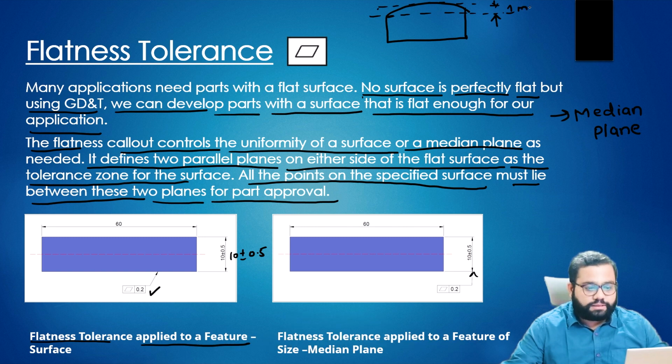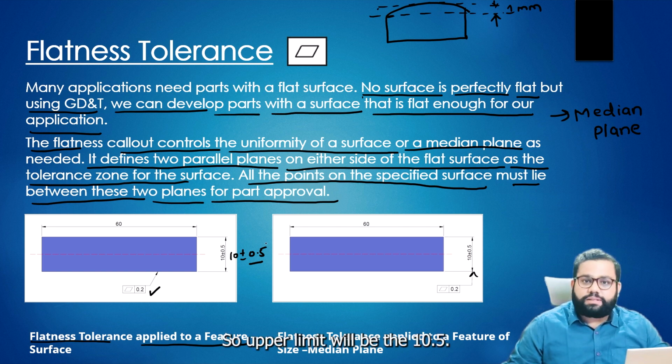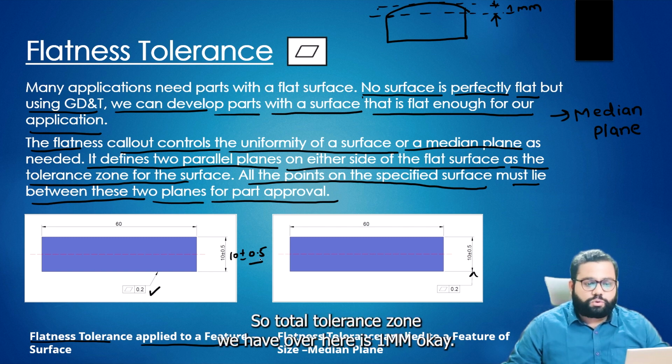So 1 mm is the maximum this can happen when we are manufacturing, because with plus minus 0.5 the upper limit is 10.5 and the lower limit is 9.5. So the total tolerance zone we have here is 1 mm.